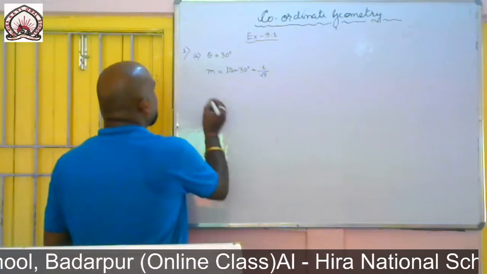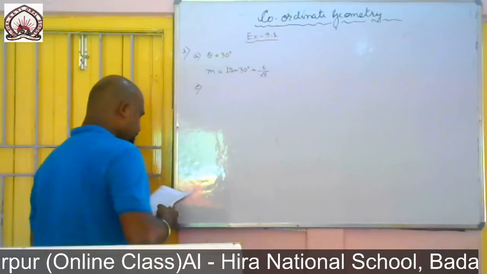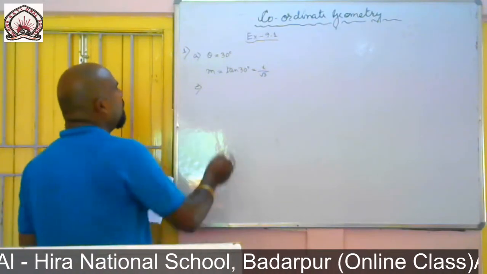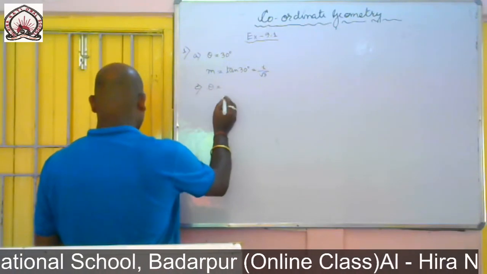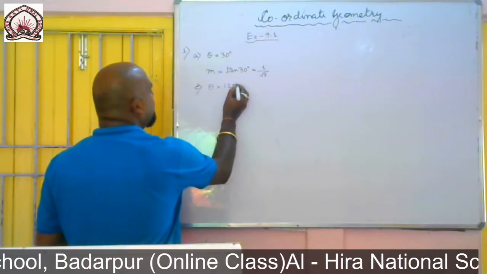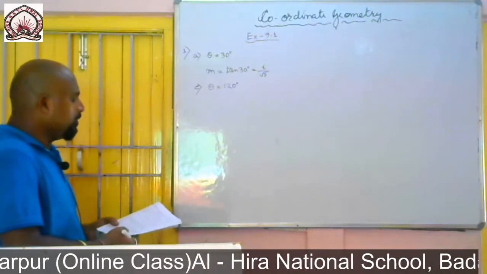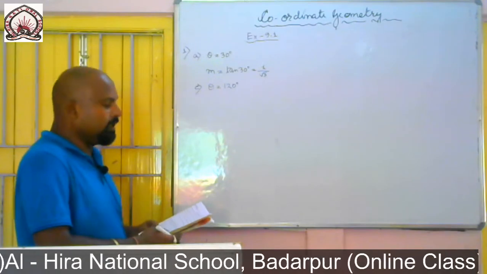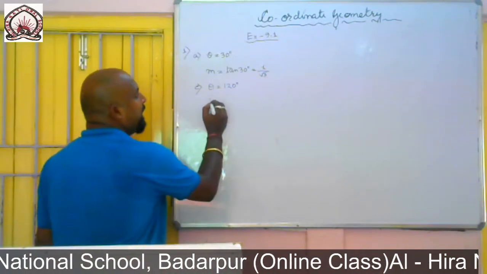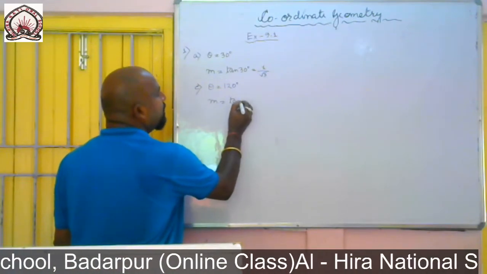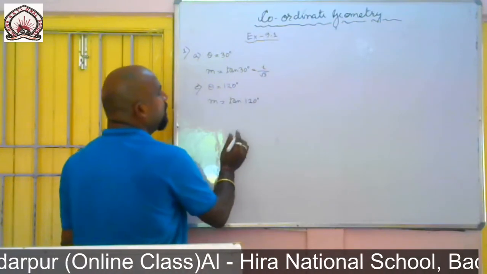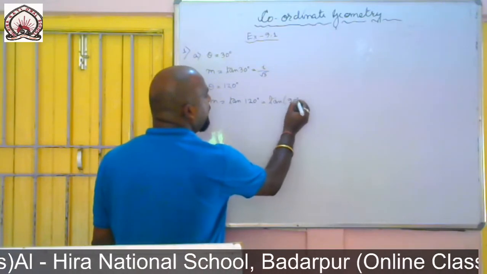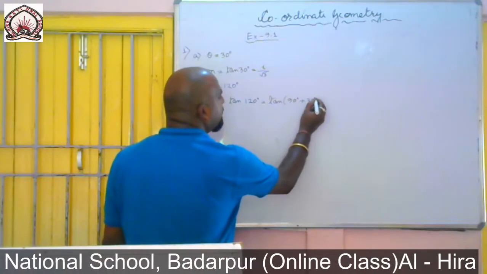Now question number C. Theta is given as 120 degree. So m equals tan of 120 degree, which is tan of 90 degree plus 30 degree.